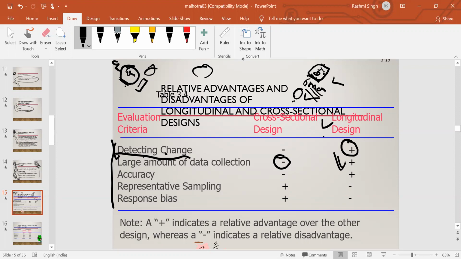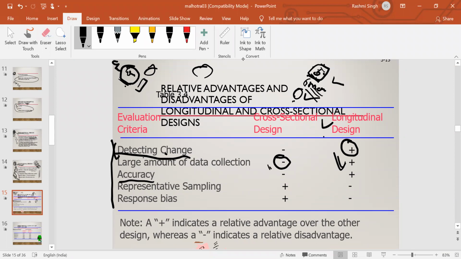So in that case, they are happy to give you data. That also helps you to collect a large amount of data, because you are giving some money or gifts to your samples for the data collection. They are happy to provide whatever data you want. So in that case also, longitudinal research design has an advantage over cross-sectional research design.